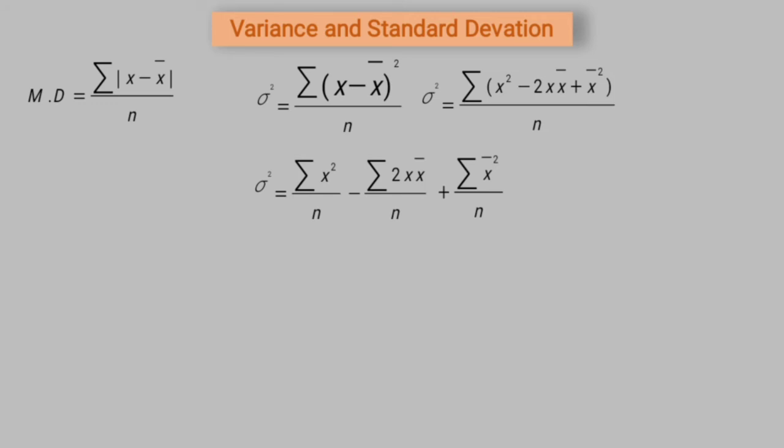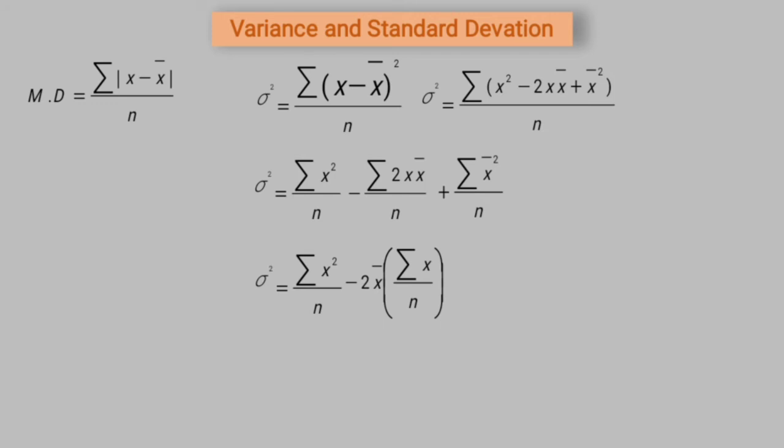In the second one, I am taking 2x bar separately, because we know sigma x by n is x bar, that is the mean value, right? So I am going to change this one.